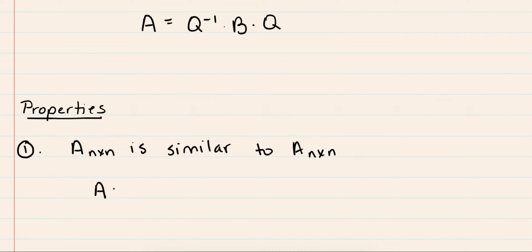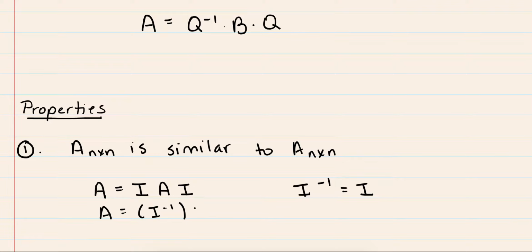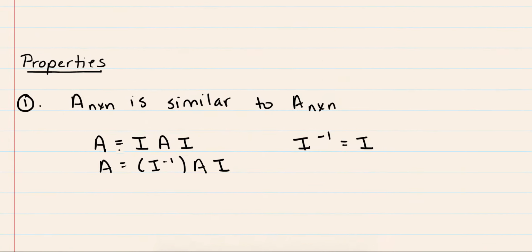Well, the matrix A can be written as the identity matrix, which is also n by n, times A times the identity matrix. But the identity matrix, its inverse is the identity matrix. So A is equal to I inverse times A times I. So every matrix is similar to itself, any square matrix.